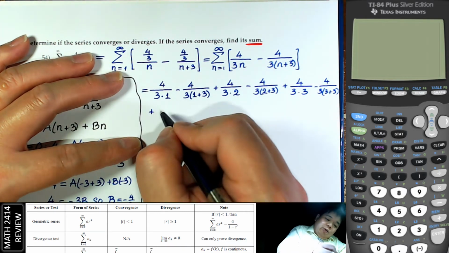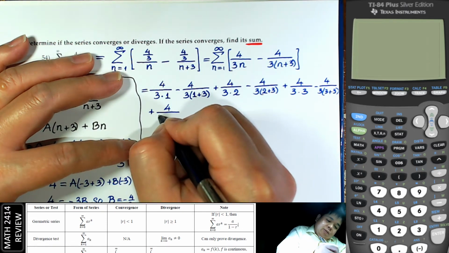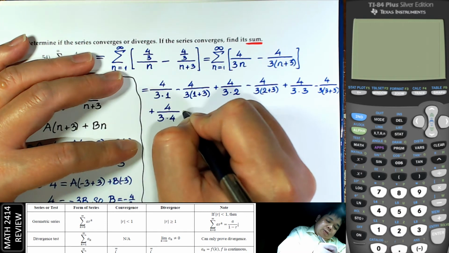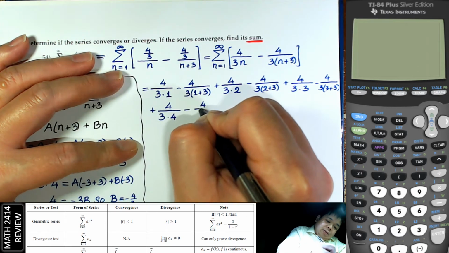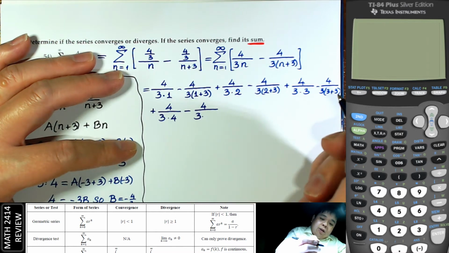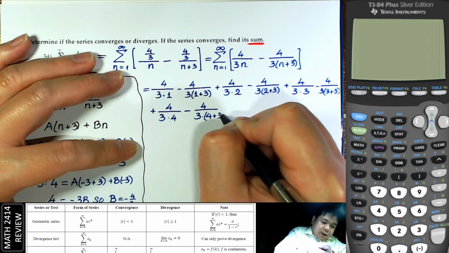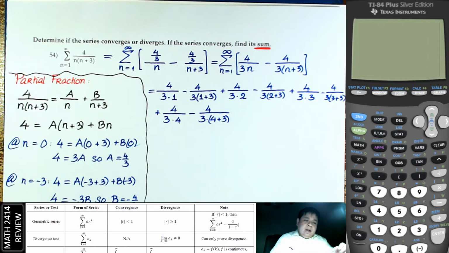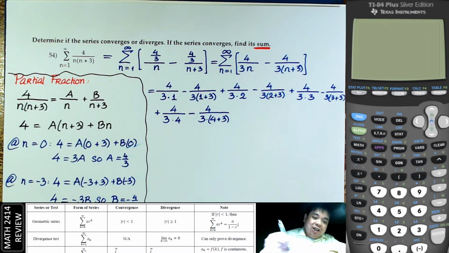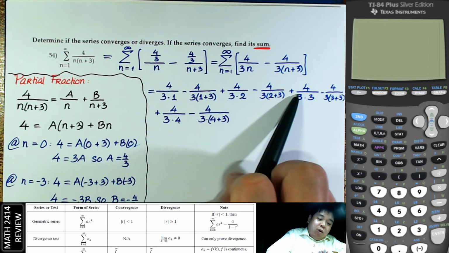Now n equal to 4, plus 3. Is there anything cancelling out yet? Well, now we see 1 cancel out. That one remaining, that one remaining, that one remaining.